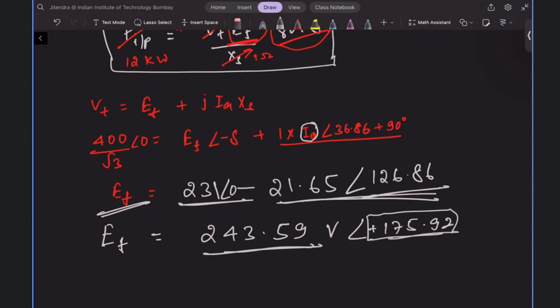Your EF will not lead VT in case of a motor by such a huge amount. It is approximately an anti-phasor, right? So what will it do? It will completely demagnetize the machine. So I don't think it should be. But anyway, you just calculate it, and I think the magnitude should be fine.